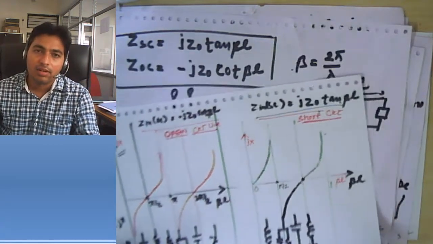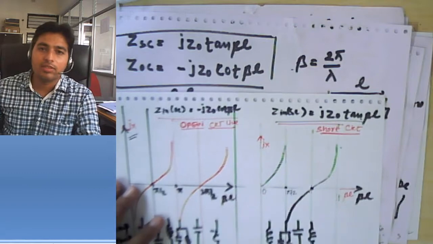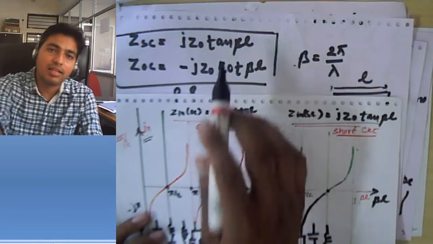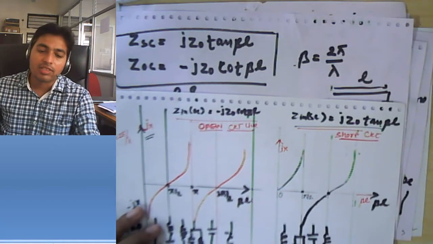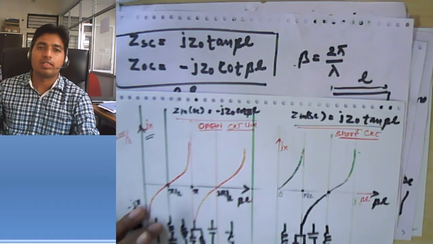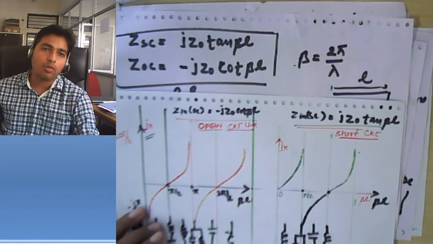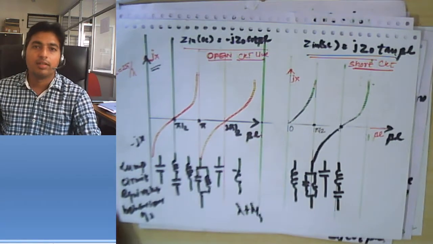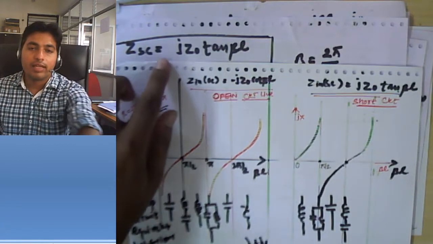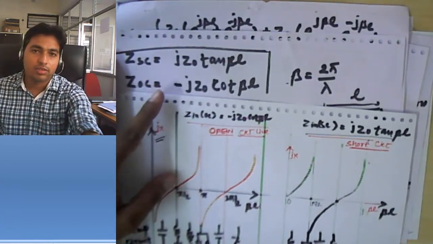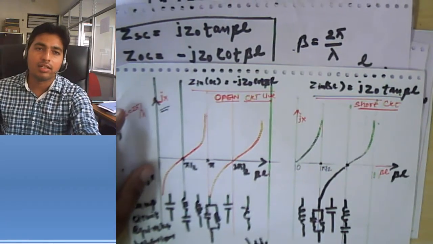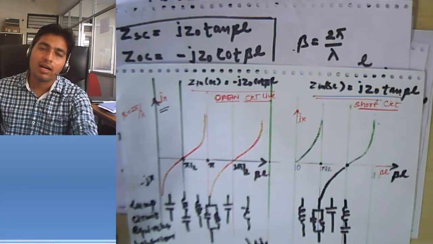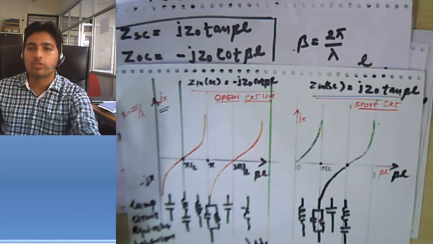These two are very important equations. You have to memorize them and understand their importance, which correspond to the impedance of a short circuited transmission line and the impedance of an open circuited transmission line. Once you get this, we know that the impedance can be anything, from minus infinity to plus infinity, and we can realize any impedance using either an open circuited or a short circuited transmission line.